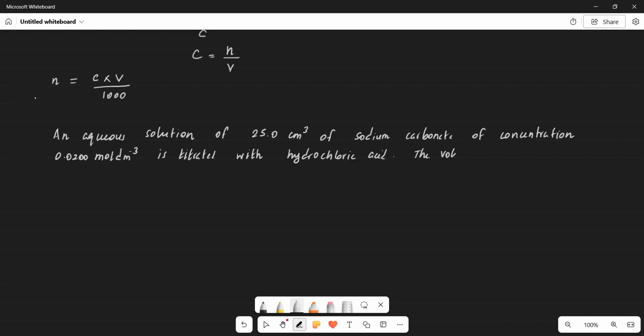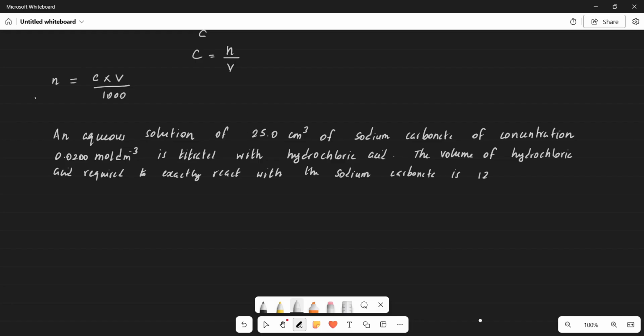The volume of hydrochloric acid required to exactly react with the sodium carbonate is 12.50 centimeter cube.